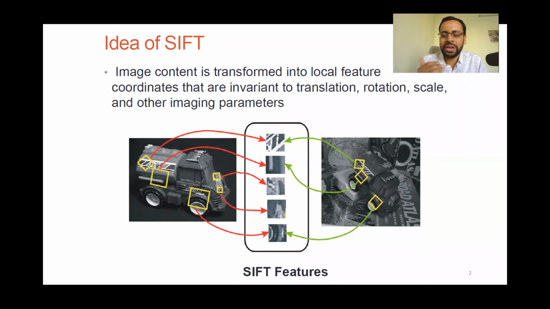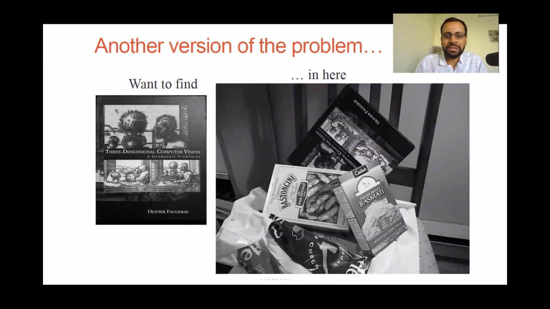So we finished the last class by asking you to ponder how you could bring rotational invariance into the scale invariant feature transform. This image would tell you another thing. You could see this whole computer vision textbook is now buried in basmati rice, and this book is rotated.